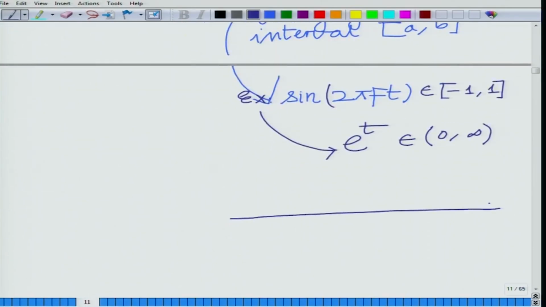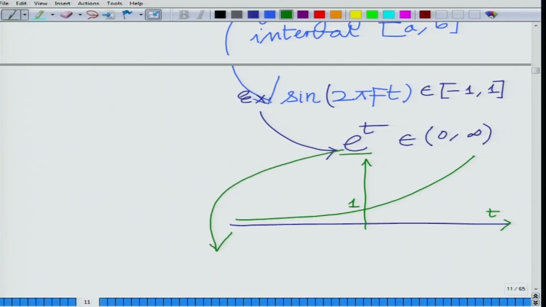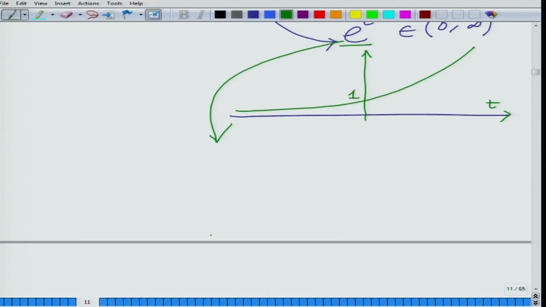and e to the power of t looks something like this. Of course, all of you are familiar with e to the power of t. At t equal to 0, this is equal to 1, and as t tends to infinity, it tends to infinity. As t tends to minus infinity, it tends to 0. So you can see it takes all values. So e to the power of t takes all values in the interval 0 to infinity.